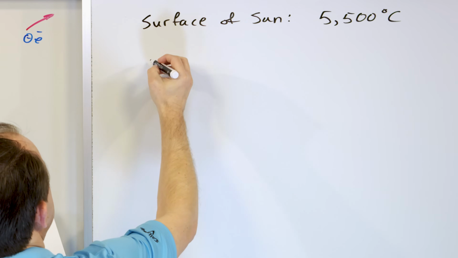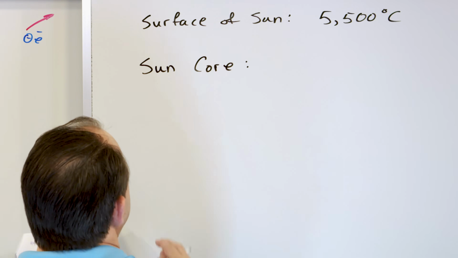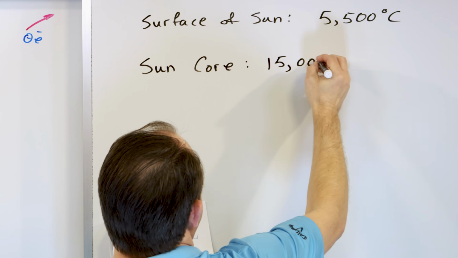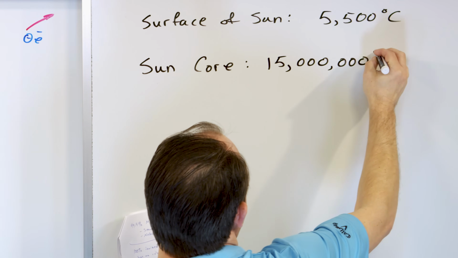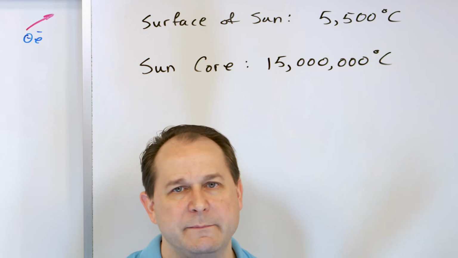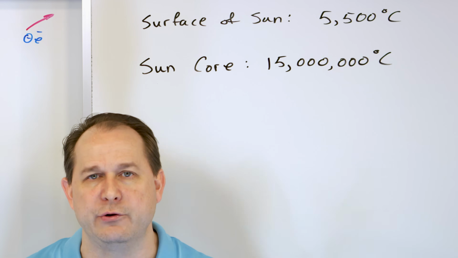Let's talk about the sun's core, where the actual fusion happens. That is 15,000,000 degrees Celsius, 15 million degrees Celsius. Now it makes sense that the core of the sun is 15 million degrees, because that's where the fusion is happening. That is how the sun achieves nuclear fusion.